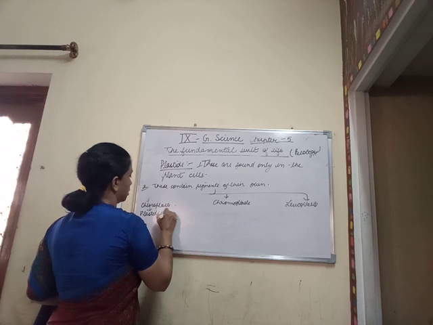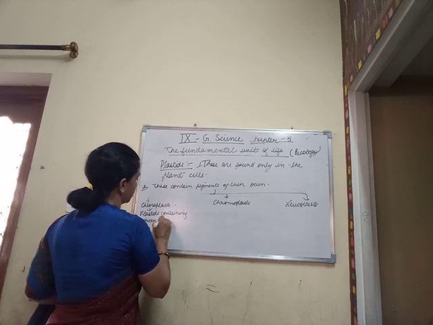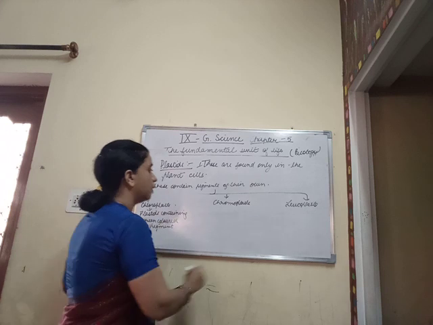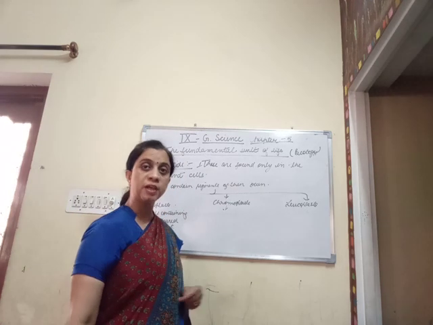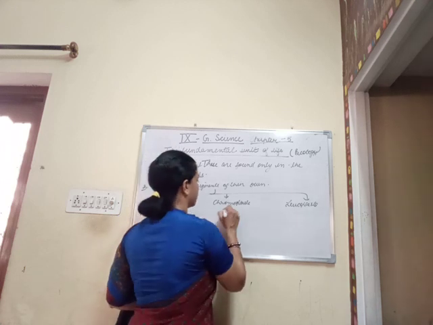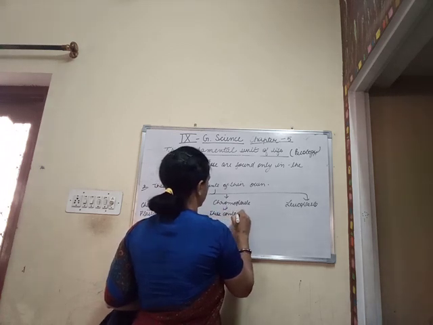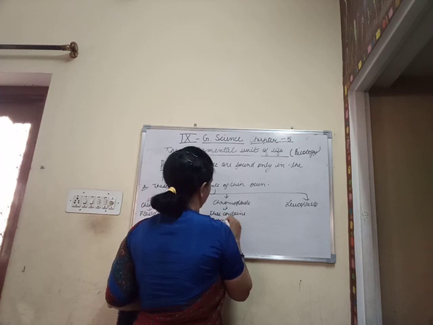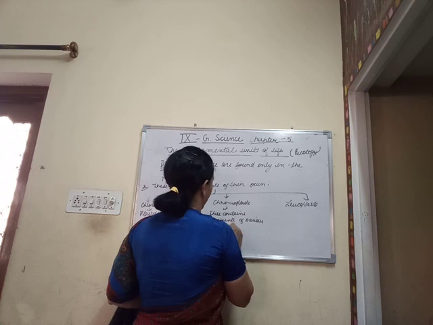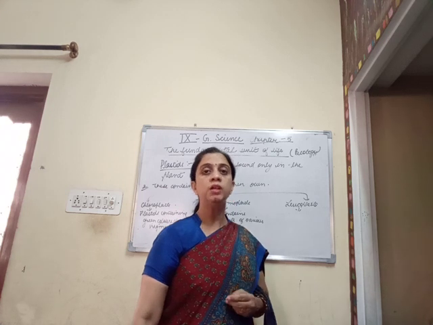When we are talking about the chromoplasts, these are the plastids which contain various colored pigments. And when we are talking about the leucoplasts, these are said to be the colorless plastids.